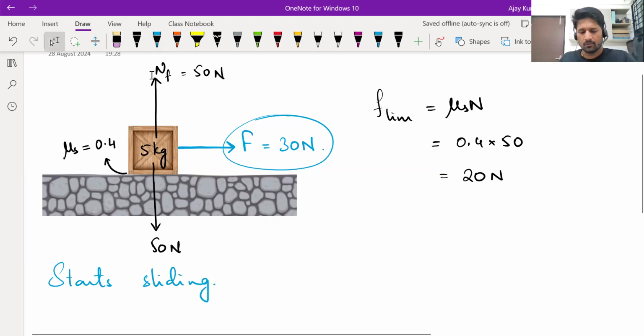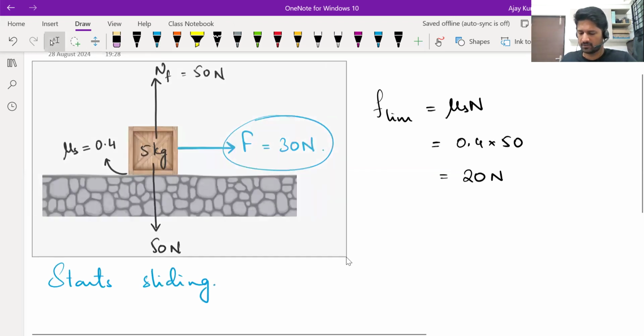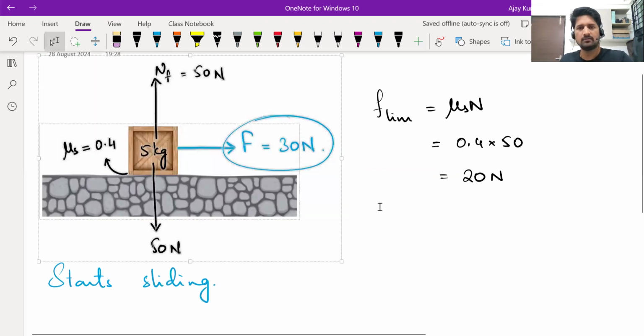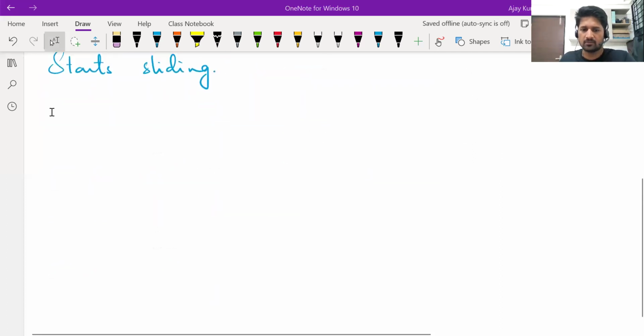Once an object starts sliding on a surface, what kind of friction acts on it? Is it still static friction, or is it kinetic friction, or do you think both will act? Kinetic friction, sir. Once the object starts sliding, what kind of friction acts on the object?